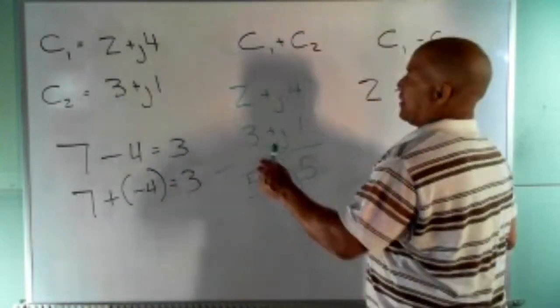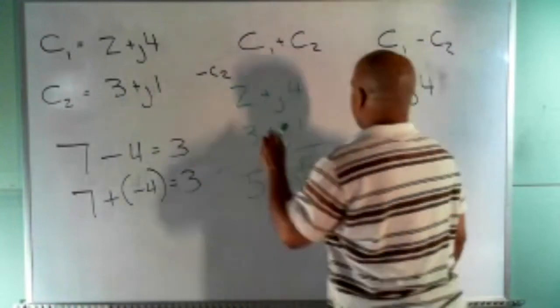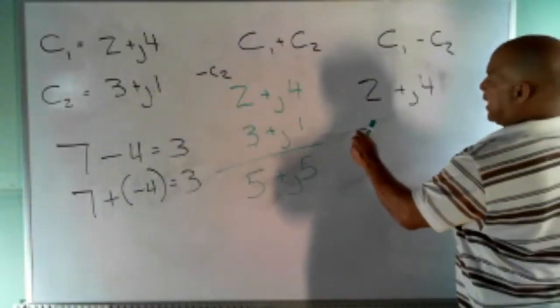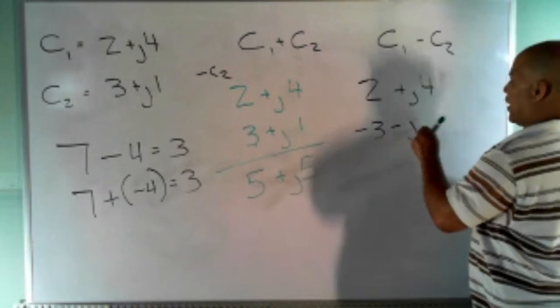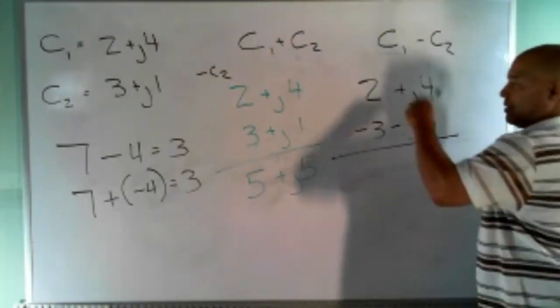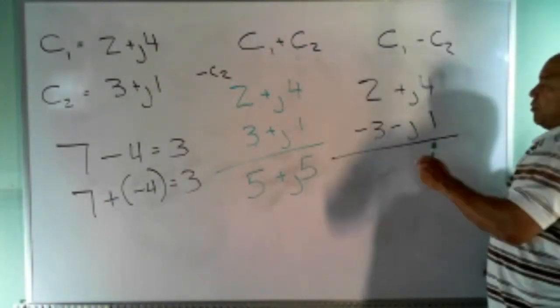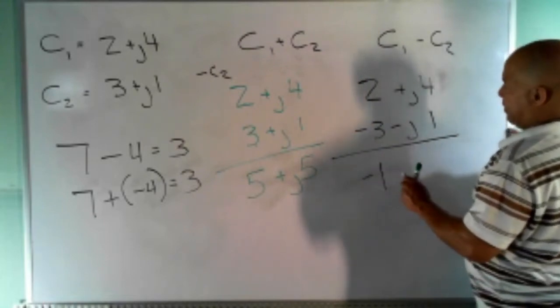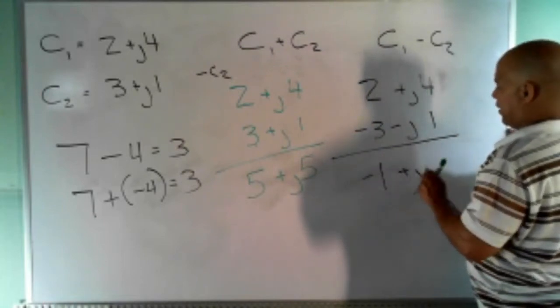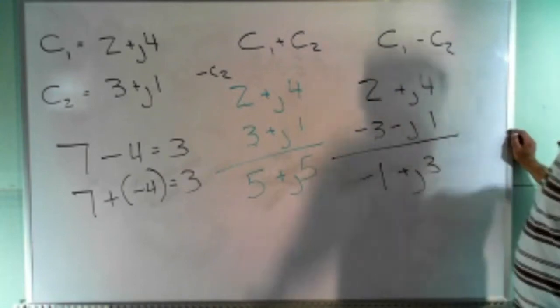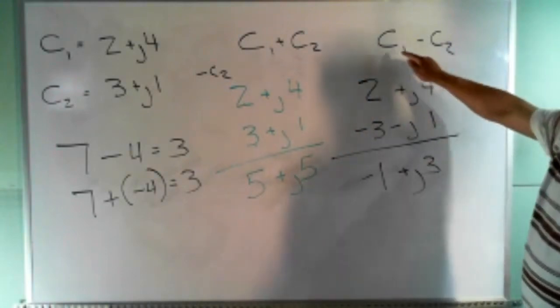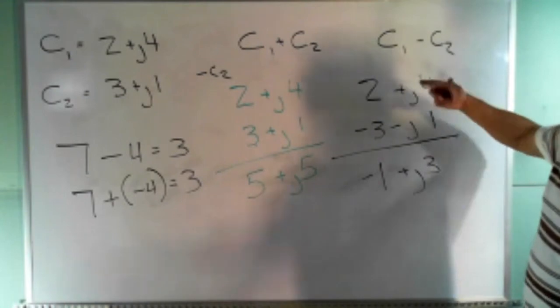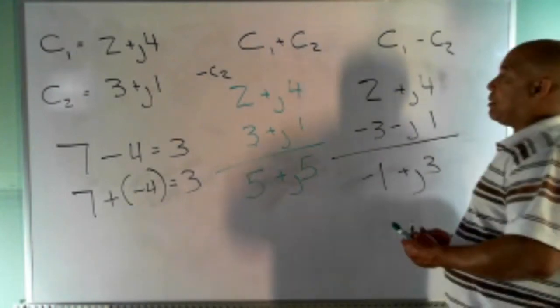So if this is C2, negative C2 is going to be minus 3 minus J1. So I'm going to add that to C1. If I add this, I get a negative 1. I get a positive J3, and that's the difference between the two. So when you do a subtraction, just add the negative of the thing that you want to subtract. So that's that one.